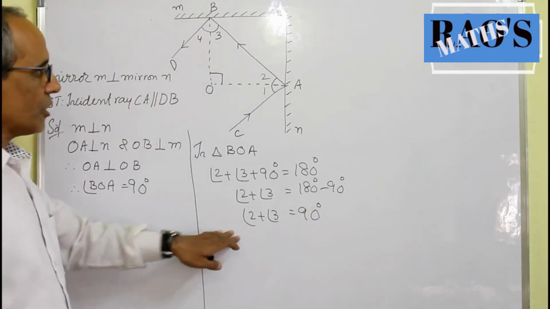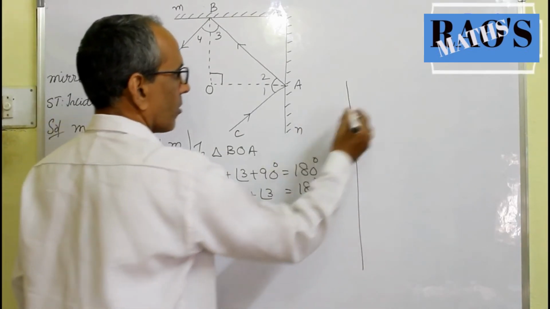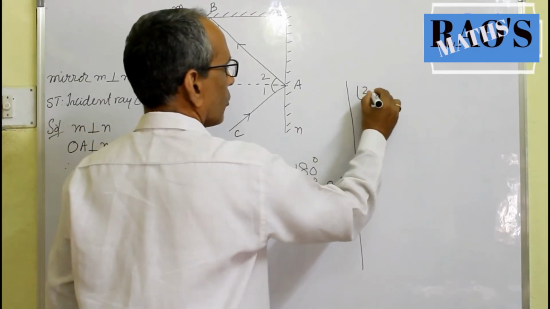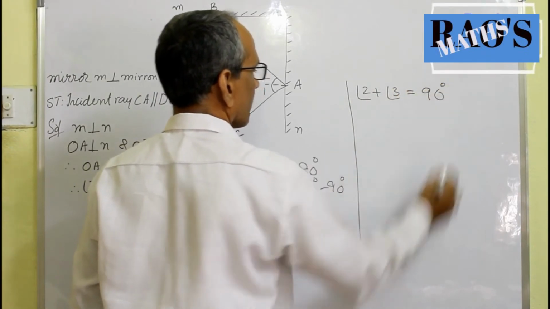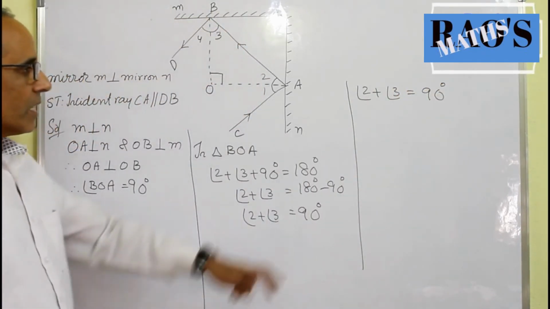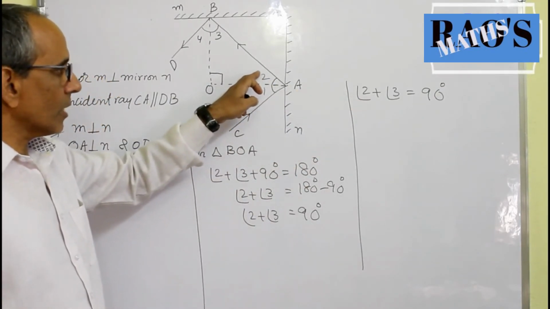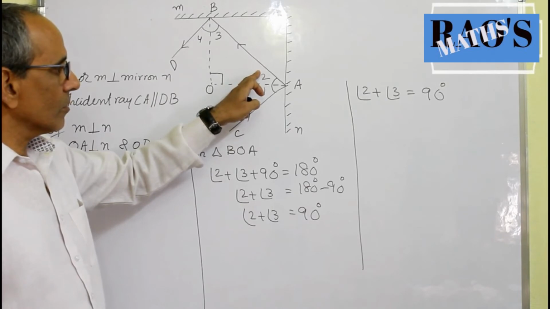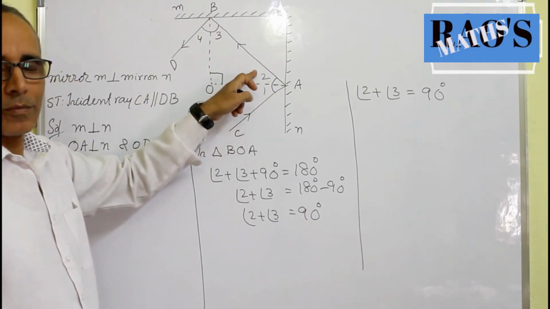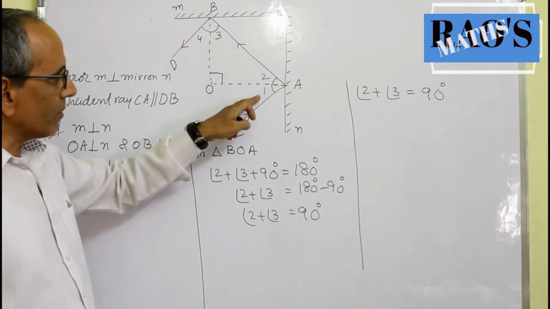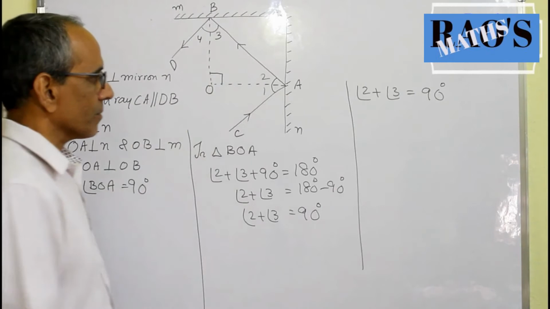Now, at this stage, let me copy the same here. Angle 2 plus angle 3 is equal to 90 degrees. Okay. If I take 2 times of this angle 2, that is BA, because angle 1 is equal to angle 2, we know. So since angle 1 is equal to angle 2, if I take 2 times of this, I get angle BAC.